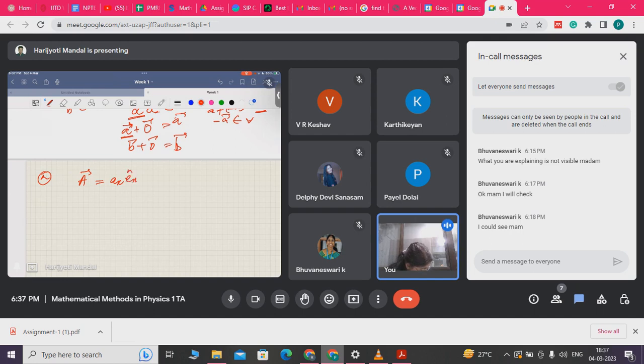Suppose A is a vector, whose components I have named AX, AY, AZ, and B is a vector whose components are BX, BY and BZ.